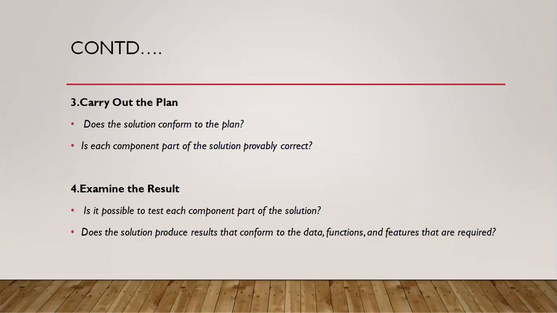Is it developed for the given plan or not? Is each component part of the solution provably correct or not? Whatever results we got from that code, are those correct results or not? We need to verify this at this phase. And coming to the fourth one, examine the result.